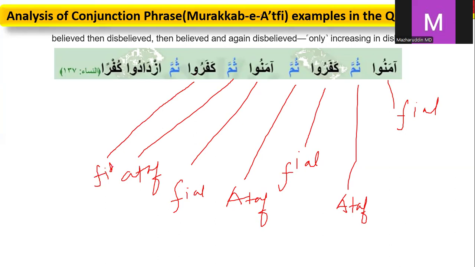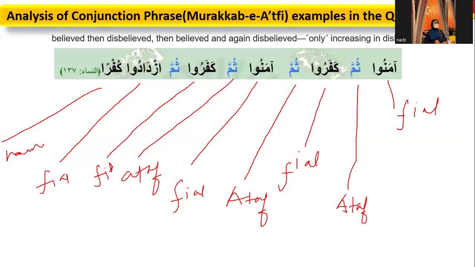Then this one, azdadu, again, increasing the same. And kufran, it's a noun. Okay, so now you can see here amanu, again, the fi'l which comes before atf is called matuf ilayhi.